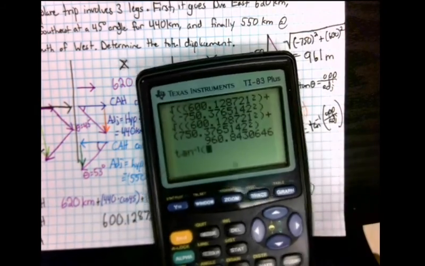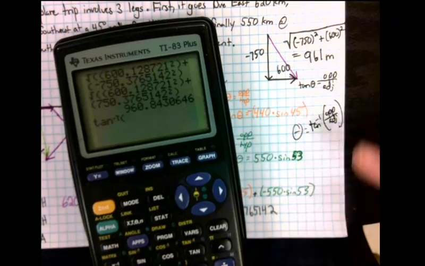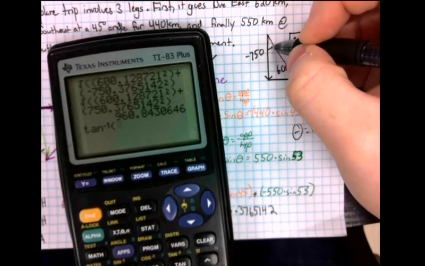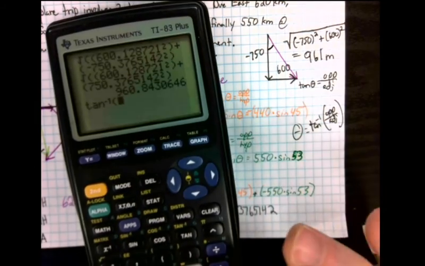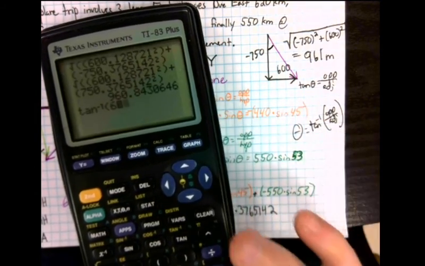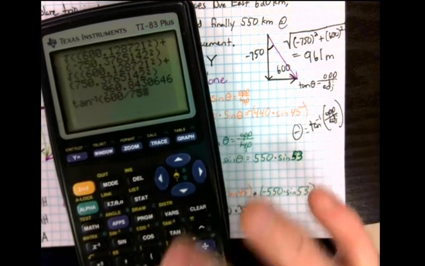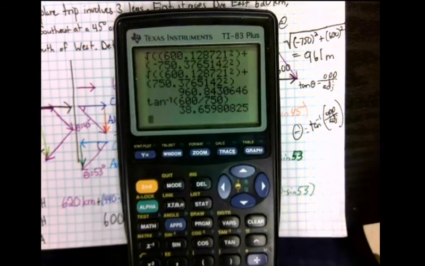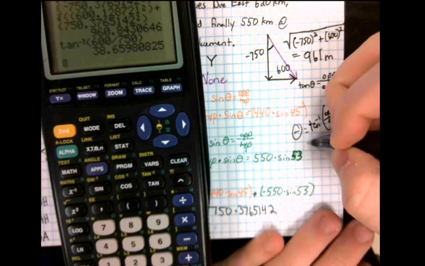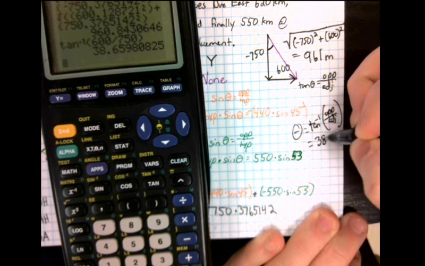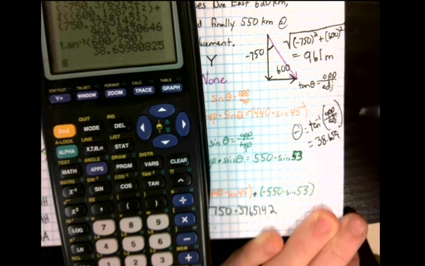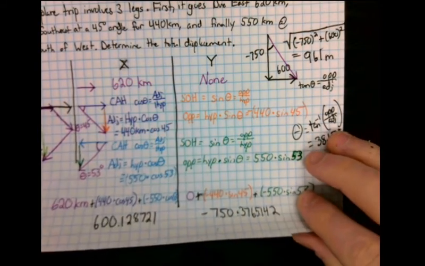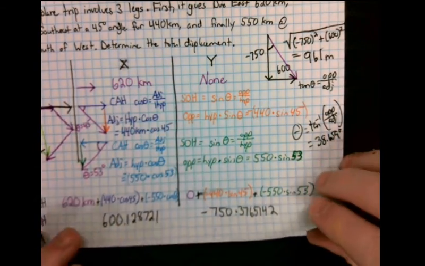So we're going to do second tangent, and then our angle. I'm going to describe it from right there. So opposite is going to be 600, and adjacent is going to be 750. We're simplifying it for this one just to show you how it works. So I would say that our angle is 38.659 degrees.